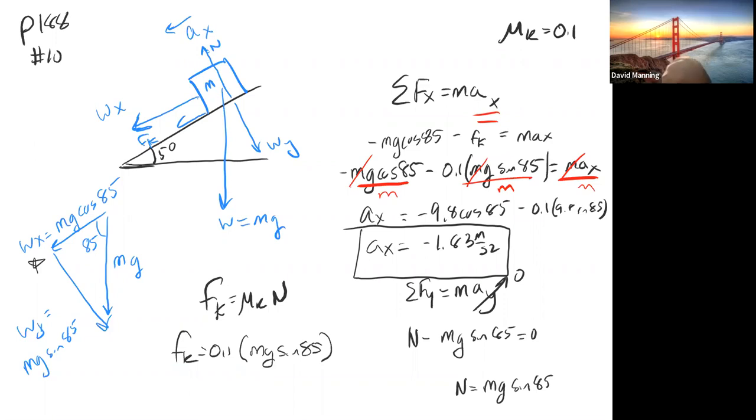Hopefully you're seeing that being able to draw your free body diagram makes your life very easy, because then you just pick out your x's and y's, right? You pick your x's out, you pick your y's out, you group them together, and you solve. The more free body diagrams you draw, the better you get at it, the easier your life's going to be.